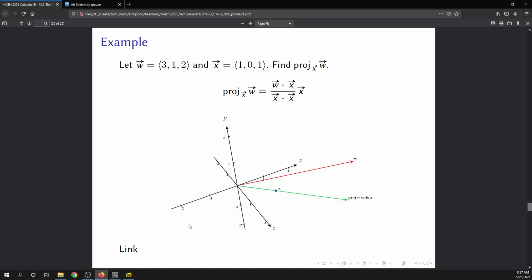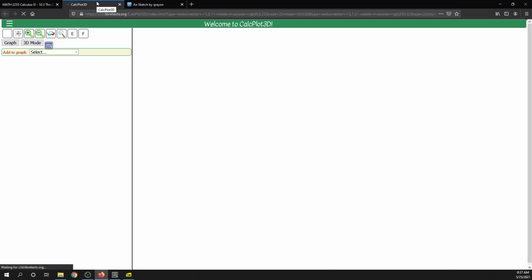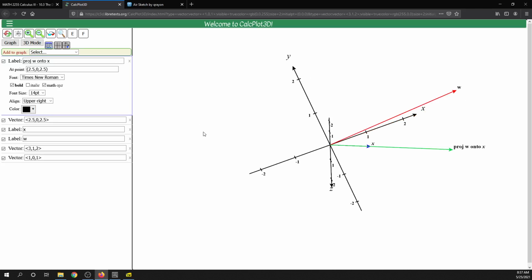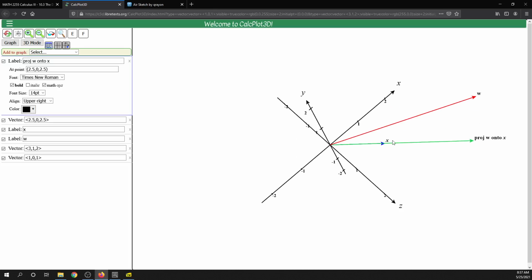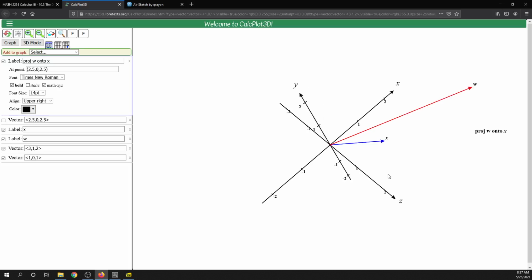Okay, so here you can see, if you take a look at this link, there is the vector W and here's the vector X. And we're projecting W onto X. So in this case, we would have to extend X out with a dotted line to right about in here, and then we would be dropping the perpendicular from W onto that extension.